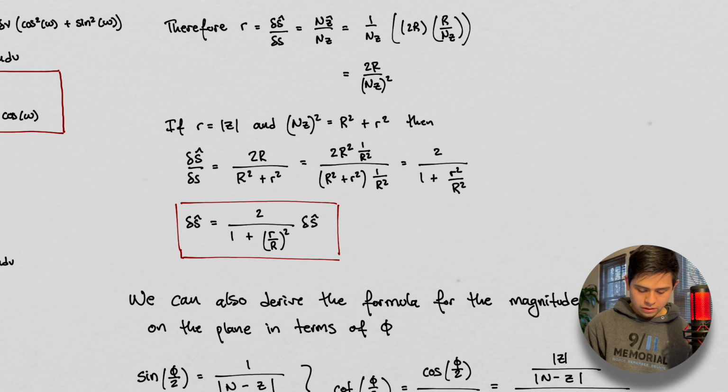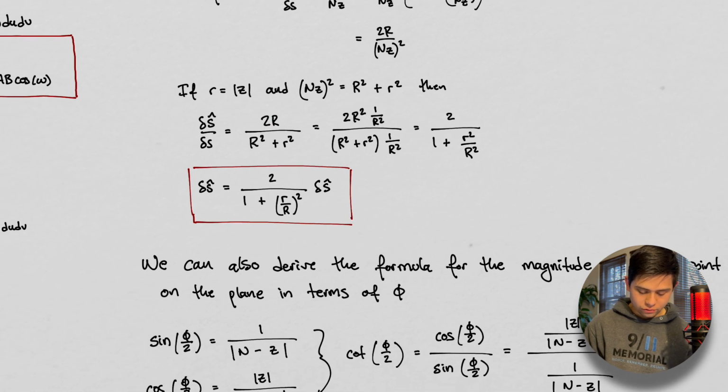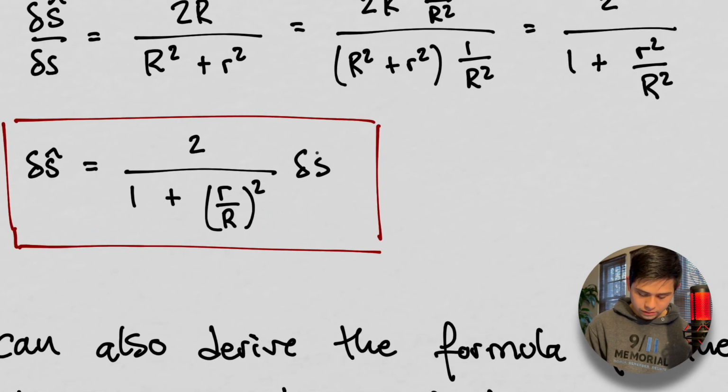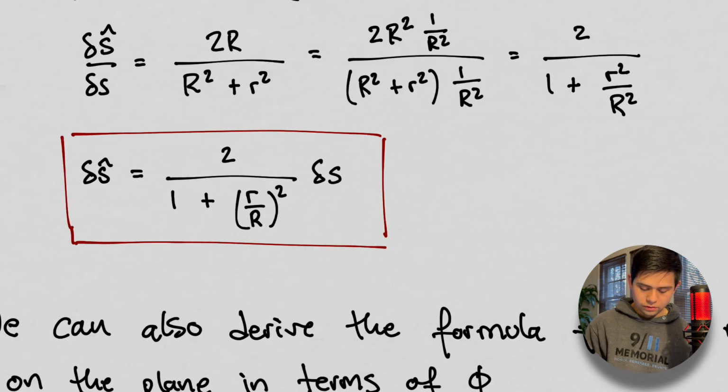Then delta S over S is going to be this right here, because we had this and we had this. We're combining them to get this, and eventually we get a formula that relates delta S on the sphere, with this should be delta S, on the plane.